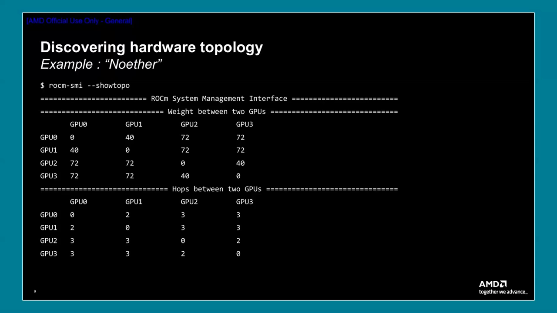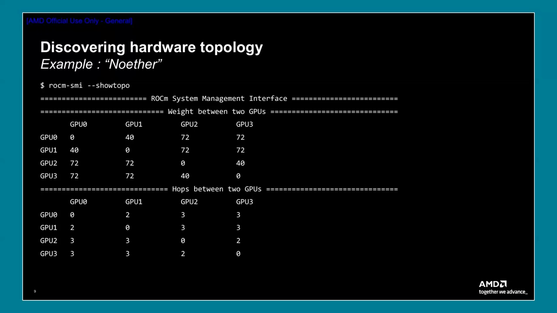Down below, the hops do have a little bit more of a physical meaning. The way the hops are counted, for example on this system, if I'm taking 2 hops to go from GPU 0 to GPU 1, what I might start suspecting is that there is no direct connection between GPU 0 and 1. So I don't have something like Infinity Fabric, which would allow those 2 GPUs to talk directly to each other.